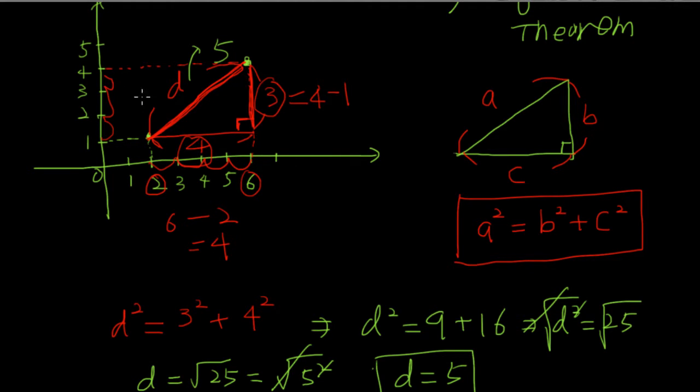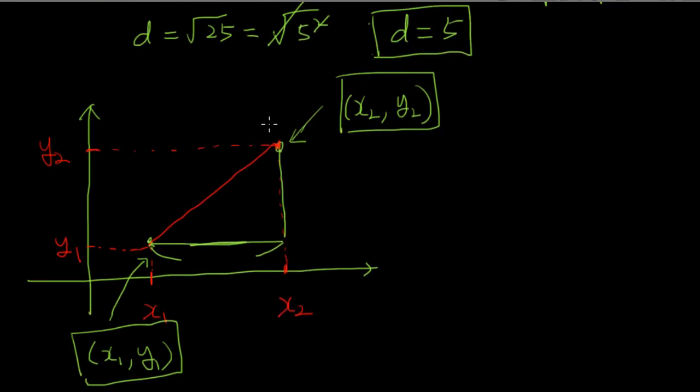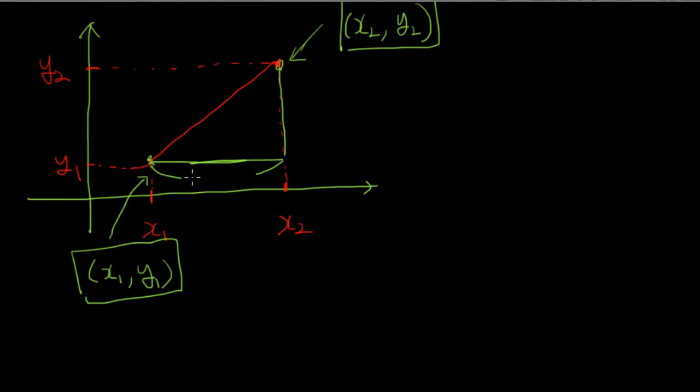So this distance must be x2 minus x1. What about this distance? This distance is going to be y2 minus y1. And d is the one that we are after.